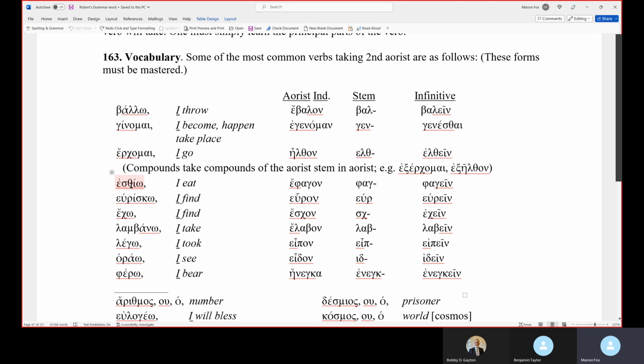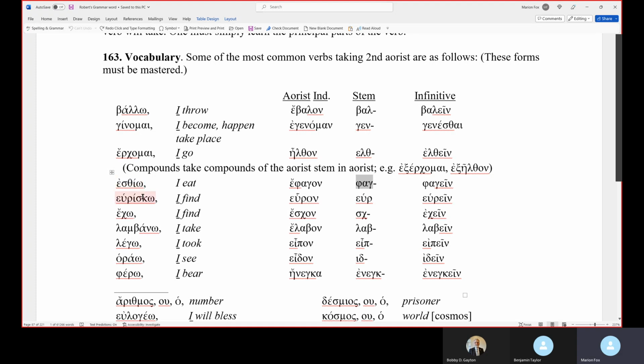Esthiō is "I eat." And the form of it in the aorist is ephagon. And phag is the stem. That stem doesn't look anything like esthiō over here, if you look at it.